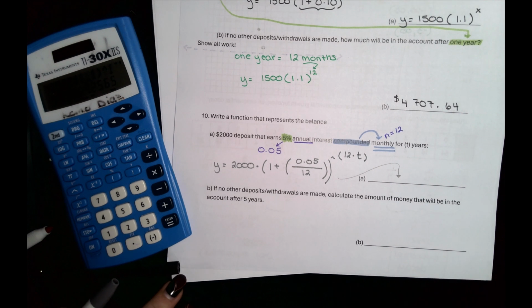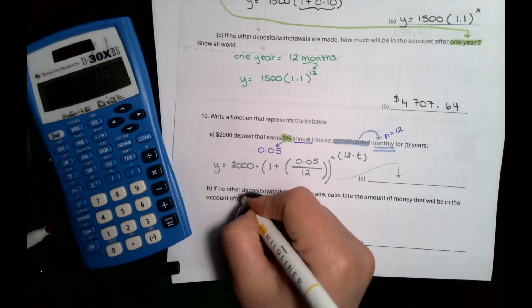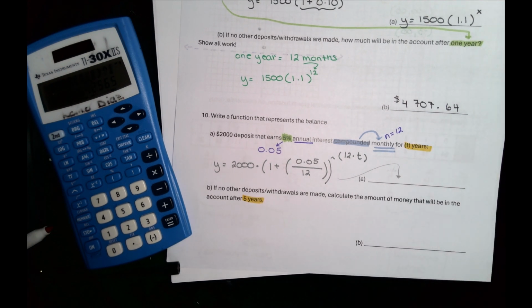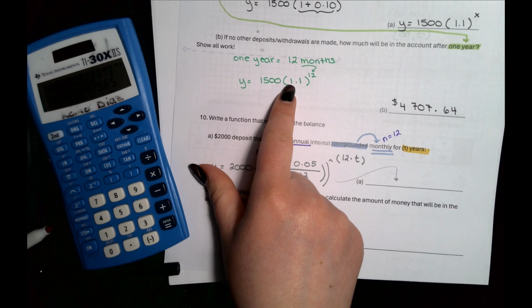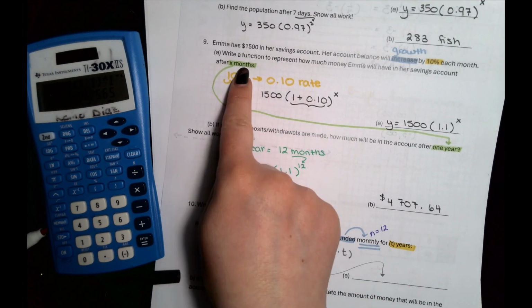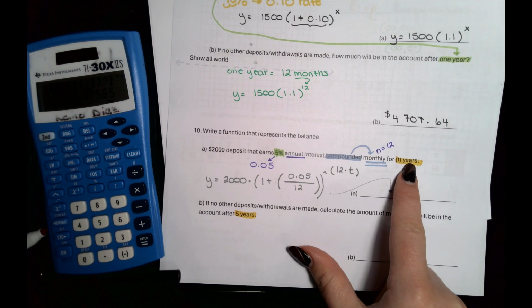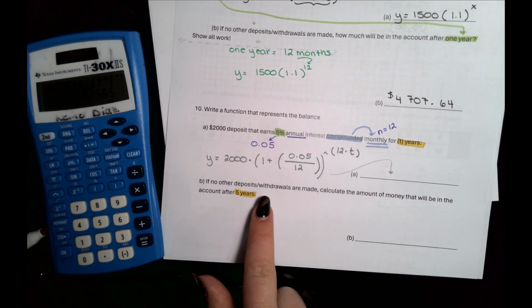Now, if they want to calculate the amount after 5 years, because t is already in years, we don't have to do anything that we did here. Here, our rate was given in months, and it's asking for years. Here, our rate is in years, and we're asking for years.